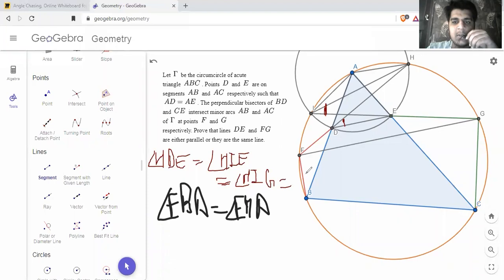So this thing is also equal to angle HFG, because H, I, F, and G all lie on gamma. So we get angle HDE equals angle HFG, which means DE is parallel to FG.